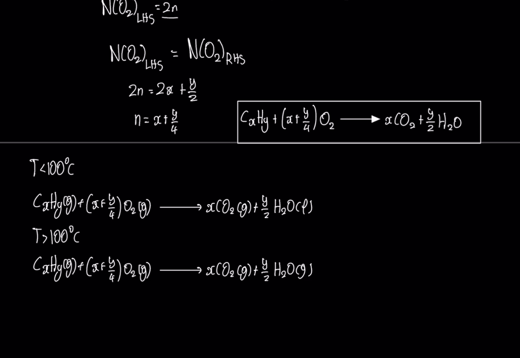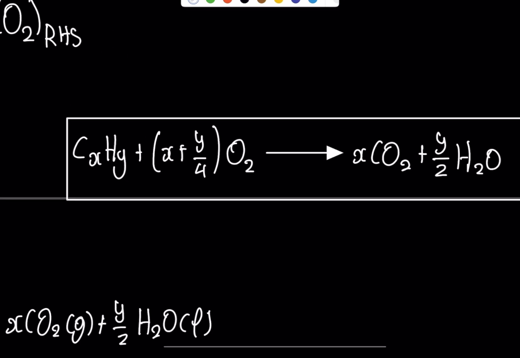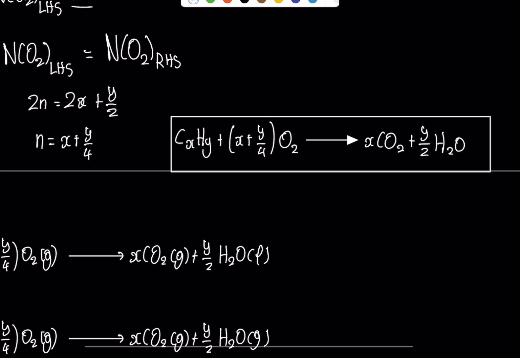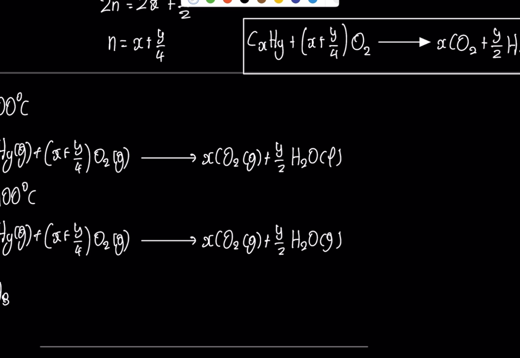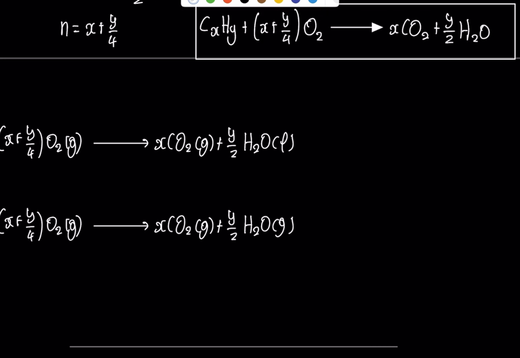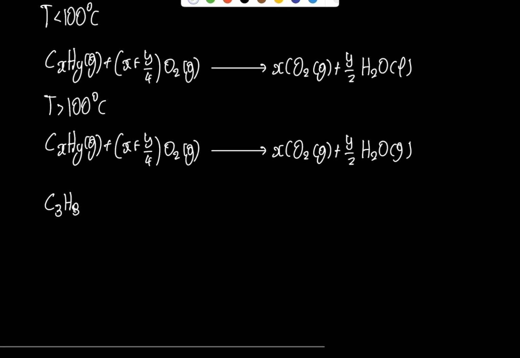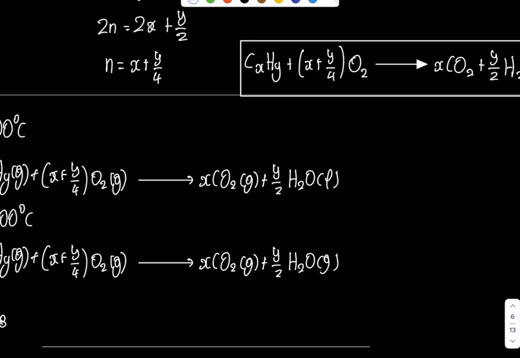But the main purpose of this tutorial was just to show you how this equation was derived. The most important thing to note is that x and y are what you're given. So as an example, if I have C3H8, this is your propane molecule, and I want to know the complete combustion, I just substitute these values into the formula.